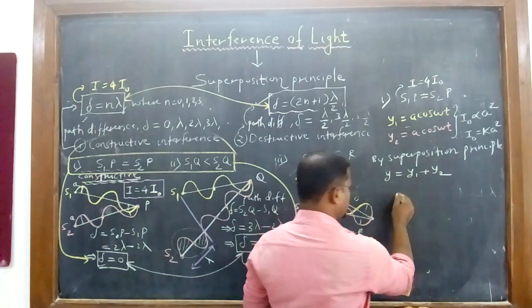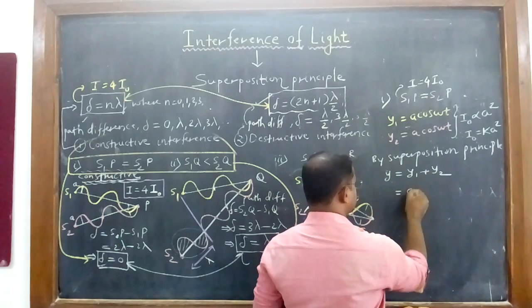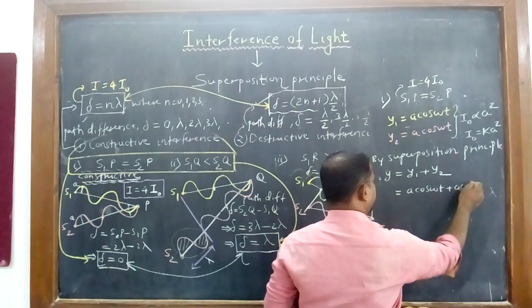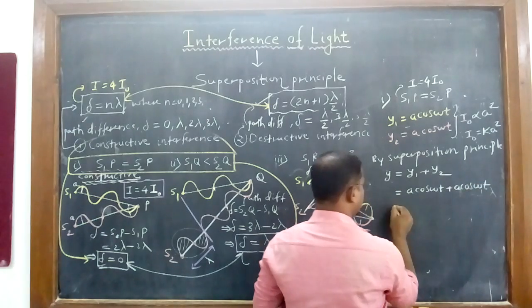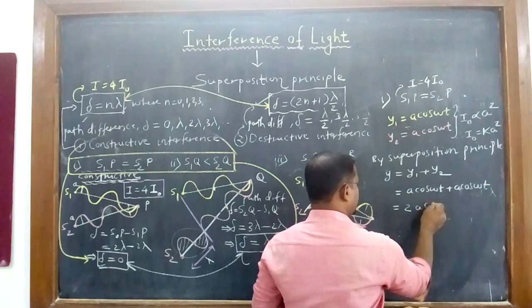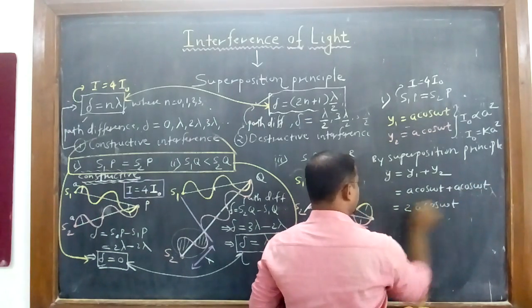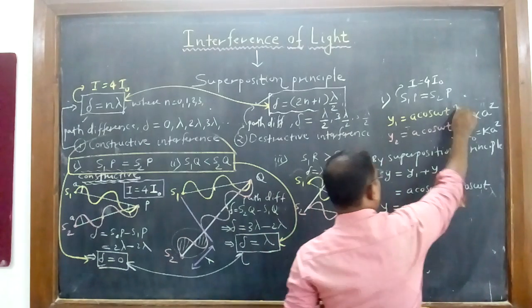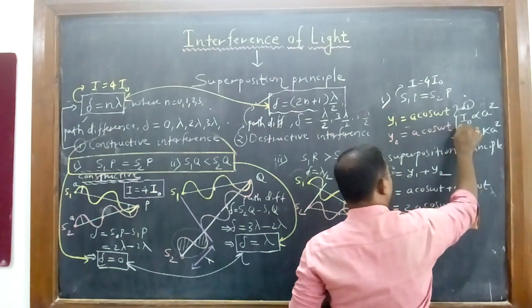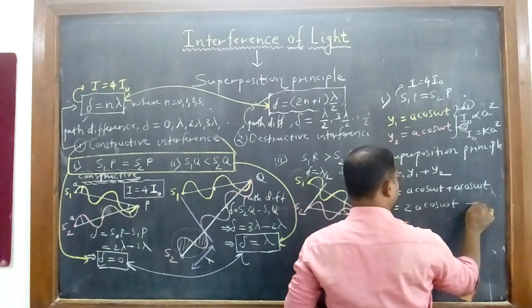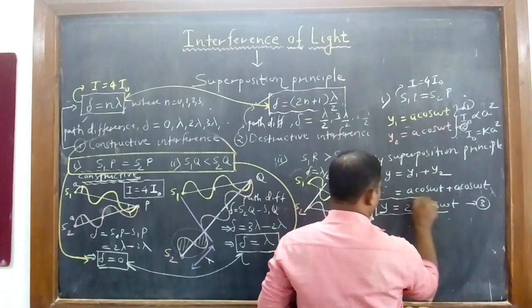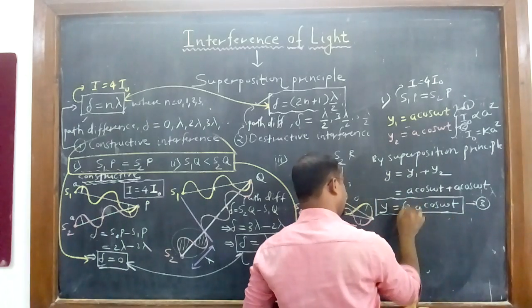Y1 is A cos omega t, plus Y2 which is again A cos omega t. So this is equal to 2 times A cos omega t. Is it your resultant wave? Equation number 1 is an incident wave, equation number 2 also an incident wave, and equation number 3 is your resultant wave. And what is the amplitude of the resultant wave?